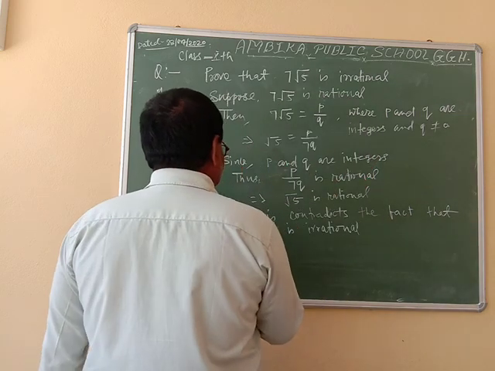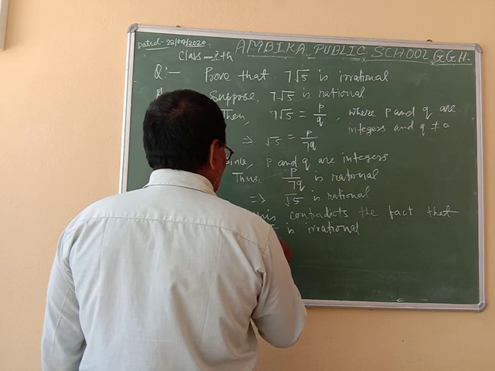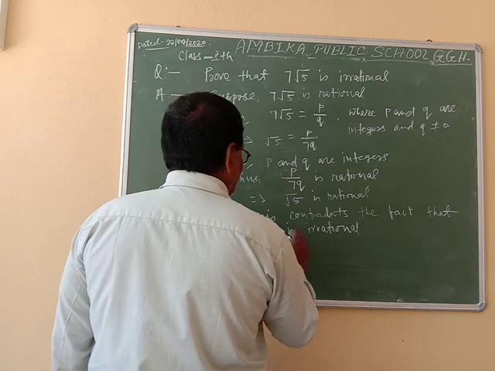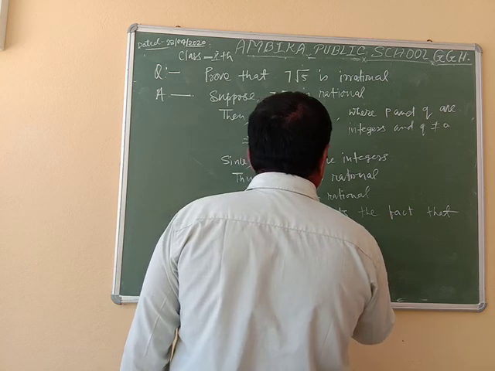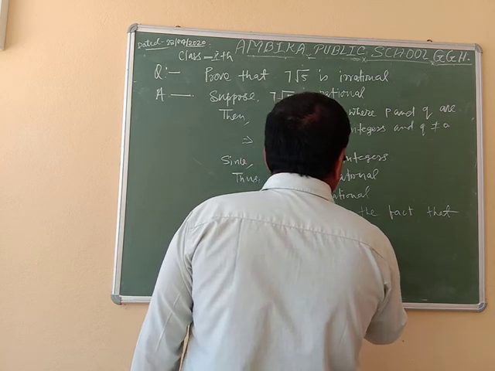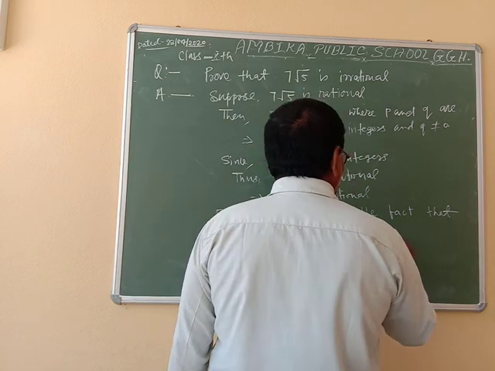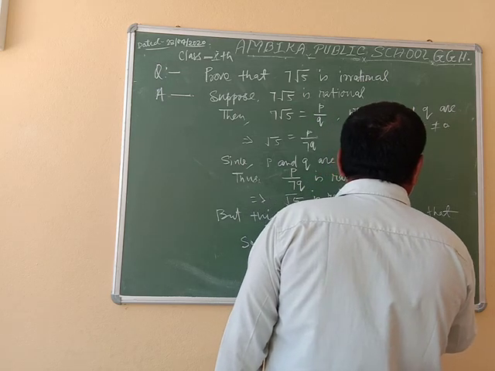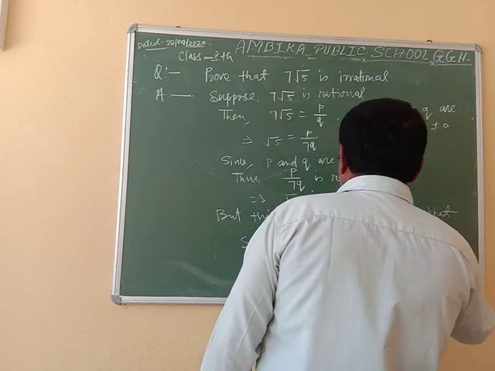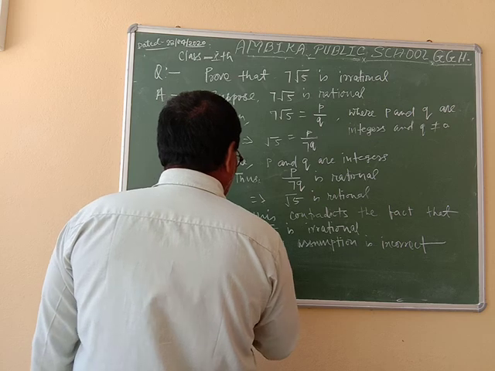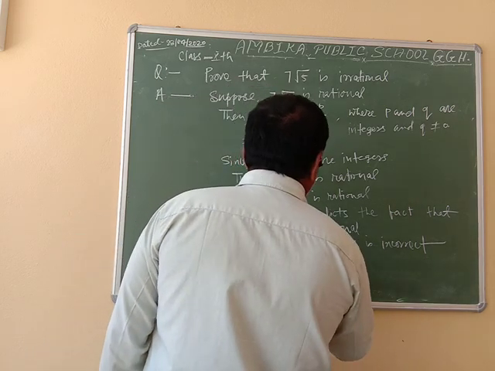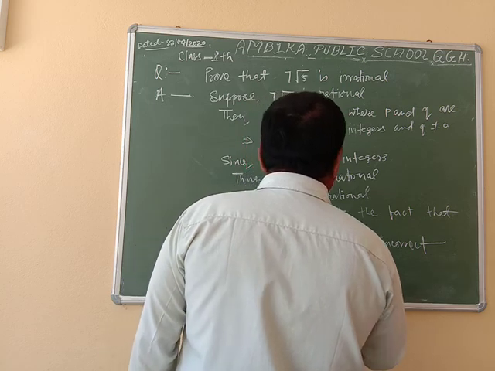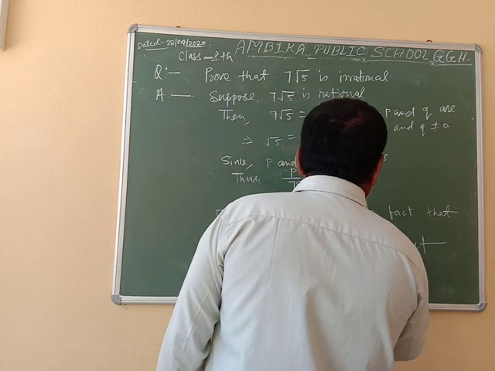So our assumption is incorrect. Hence 7 root 5 is irrational.